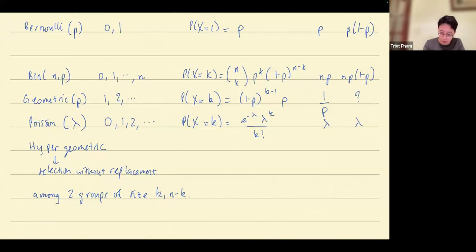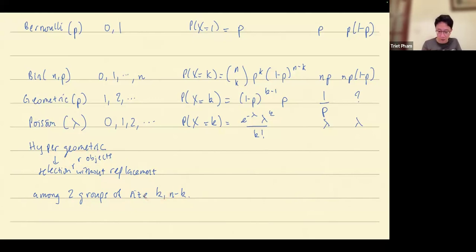So you select r objects without replacement among the two groups. So basically you select r balls out of n balls, among which k is red, n minus k is blue. And your question is, among these r objects, how many of them are blue? Things like that. So how many of them belong to, let's say, the first group?